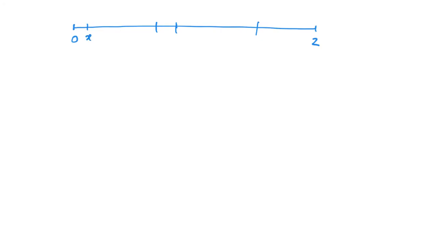So here, let's say this is x1, this is x2, this is x3, this is x4. So in general, any partition is given by some number of elements in between the two endpoints 0 and 2. So if we specify 4 points in between the two endpoints, then that splits the interval into 5 pieces. That's something you have to observe.